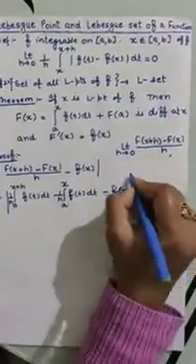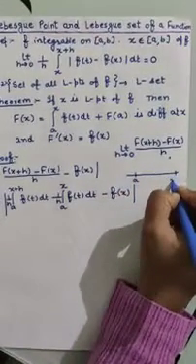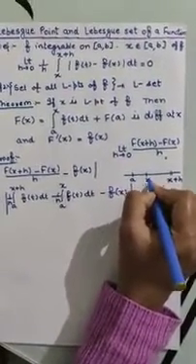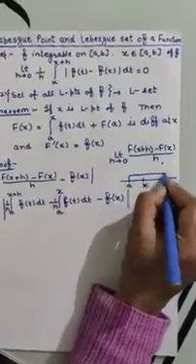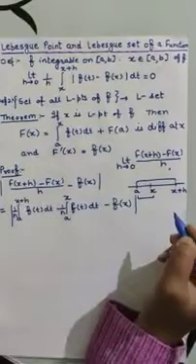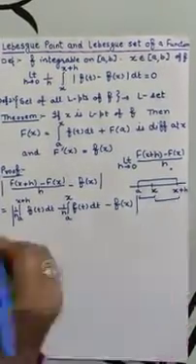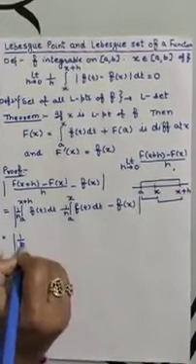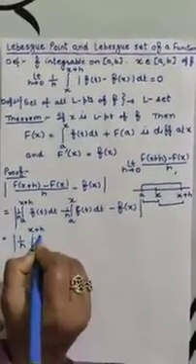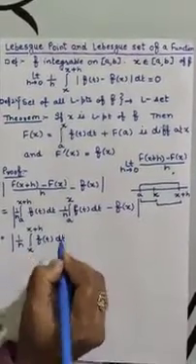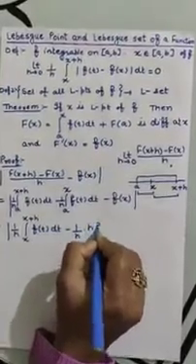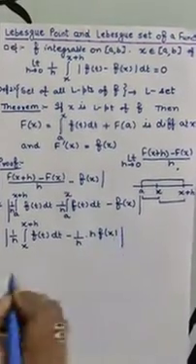So in this, the first integral is from a to x+h and the second is from a to x. If we subtract the integral from a to x from the integral from a to x+h, we will be left with the integral from x to x+h of f(t) dt. Now I can write this f(x) as 1/h times h f(x). I think no problem in that.